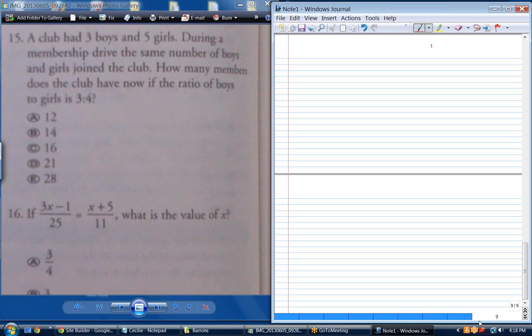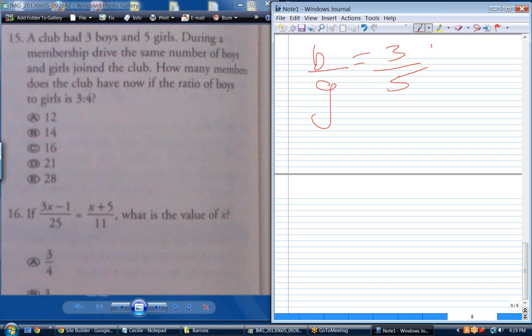The ratio of boys to girls now is 3 to 5, right? Then an equal number of boys and girls join the club, and the new ratio is 3 to 4.